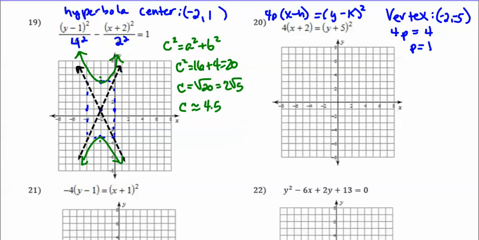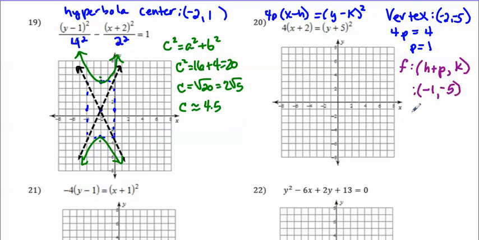So now remember that the focus is going to be h plus p comma k. So it's going to have the same y value as the vertex, but a different x value. In this case, I have -2 plus 1, so I get -1, and then k is the same, -5.